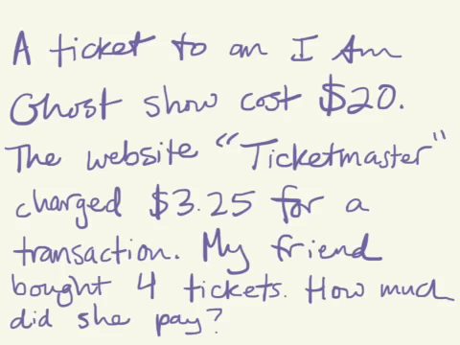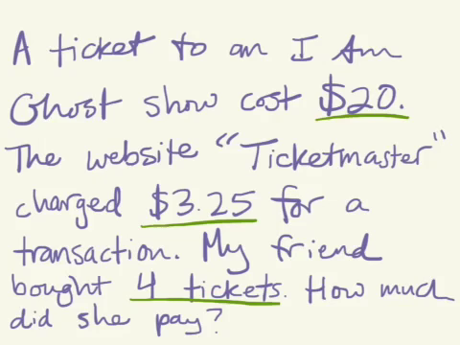Maybe one thing that we should do to start with is underline important information. $20 per ticket, $3.25 for using the website, that's a transaction, and then 4 tickets total. So that should give us some information.